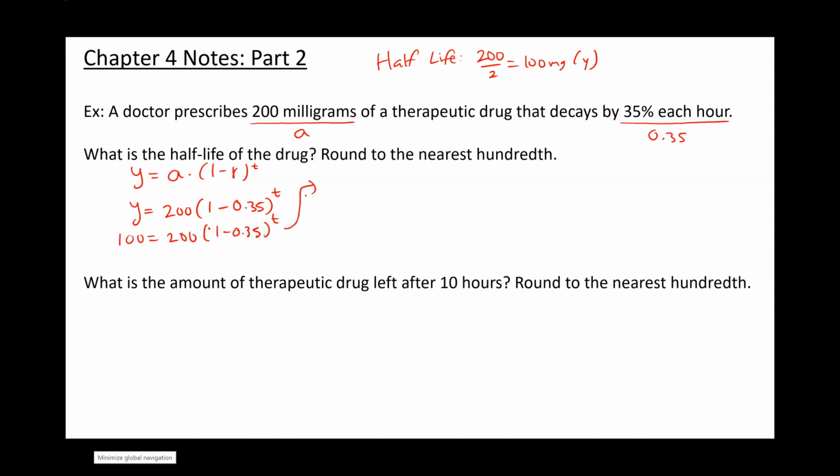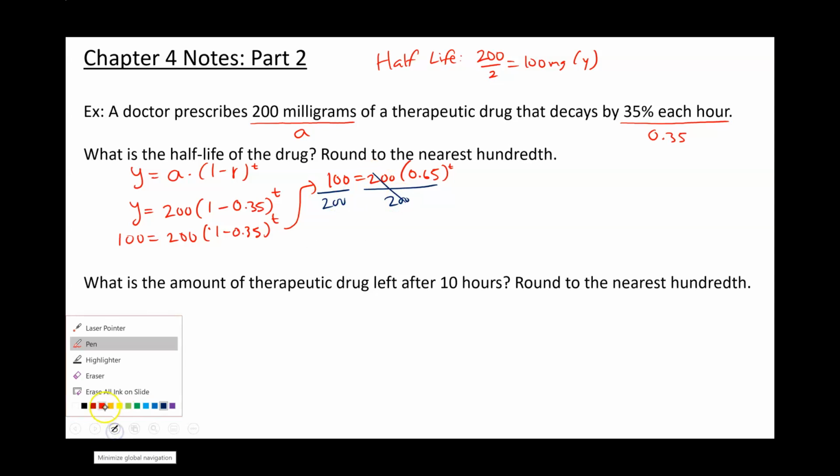Let's simplify this. So you have 100 equals 200 times 0.65 raised to the t power, since 1 minus 0.35 is 0.65. We divide both sides by 200. So 100 divided by 200 gives us 0.5 equals 0.65 to the power of t.